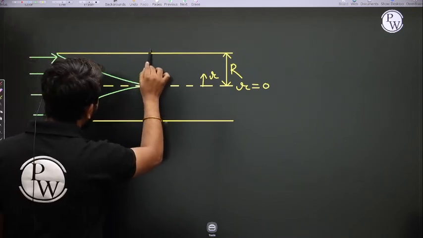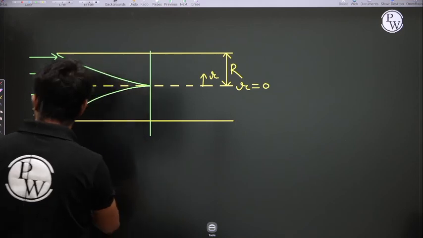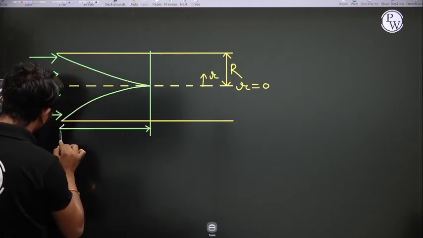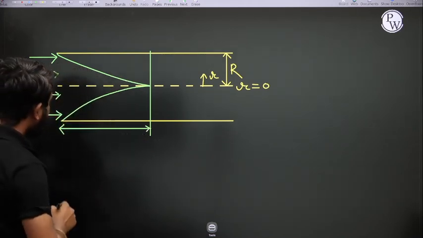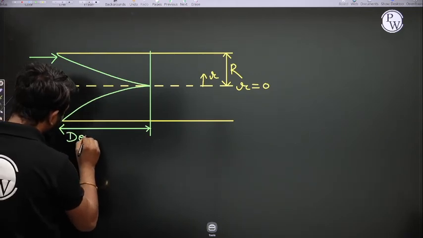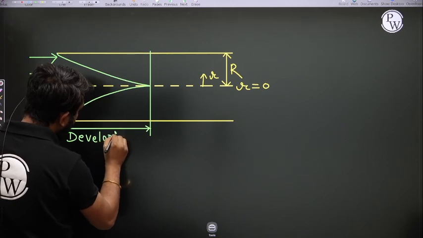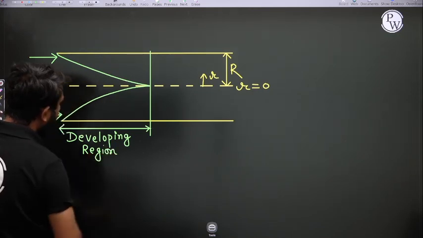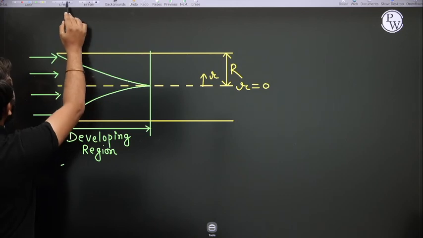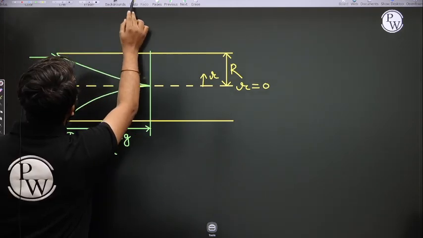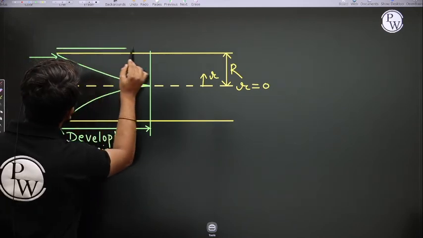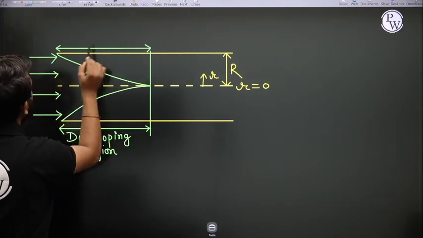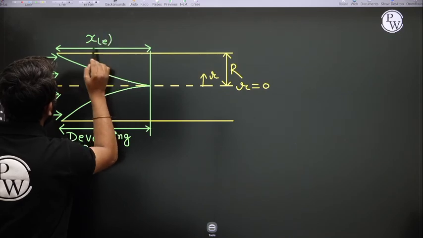So this distance, see here, from here to here, this region is known as the developing region, and this length is known as the entrance length, X_LEH, the hydrodynamic entrance length.